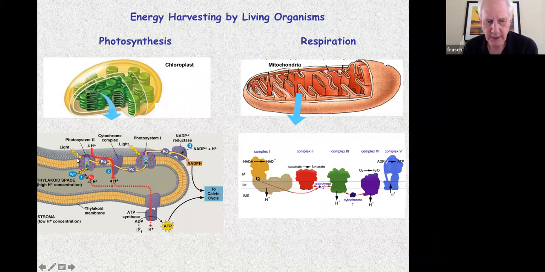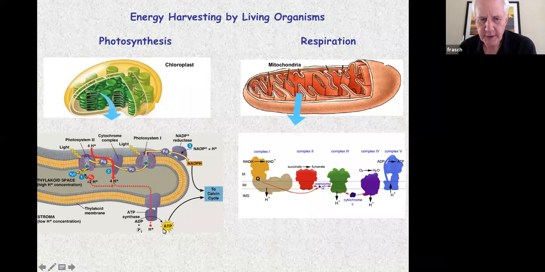And it also causes protons to be pumped to the inside of these little vesicles, the thylakoids. Ultimately, those protons are then used to power the ATP synthase. It's called F1 for this complex and FO in the membrane to convert ADP and phosphate into ATP.